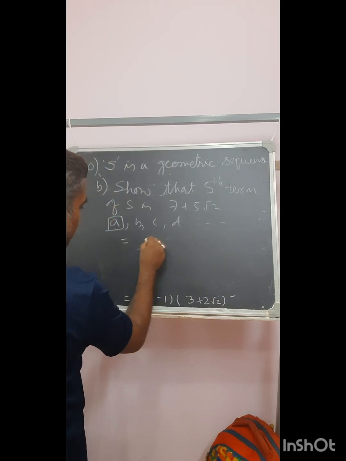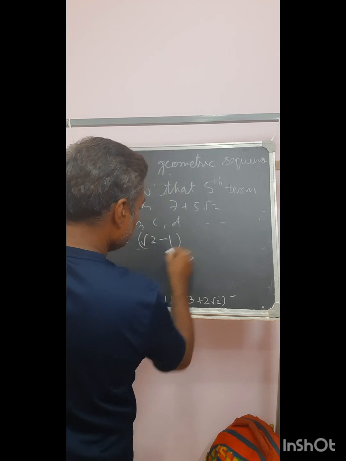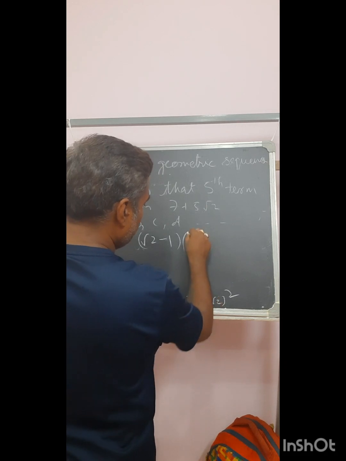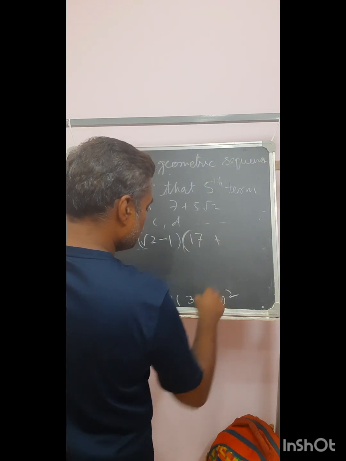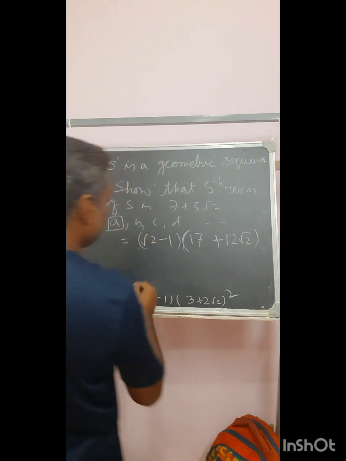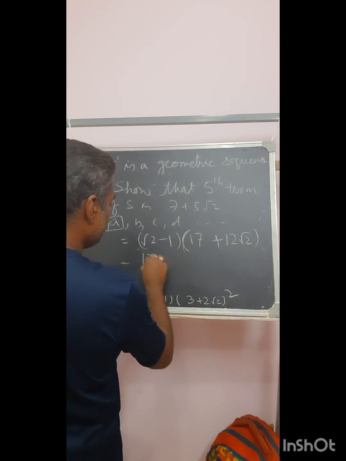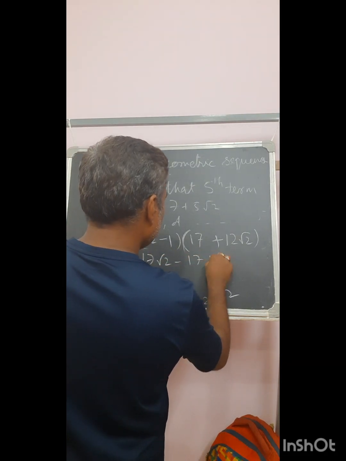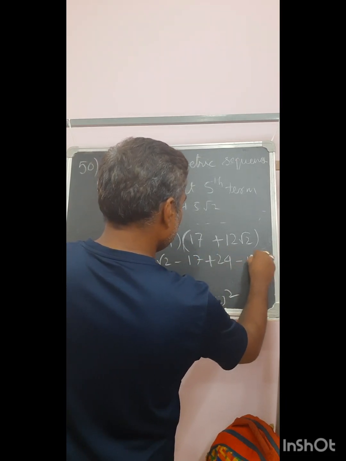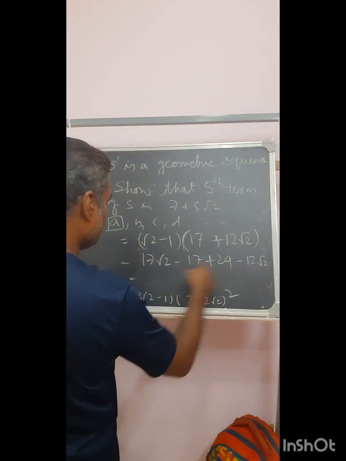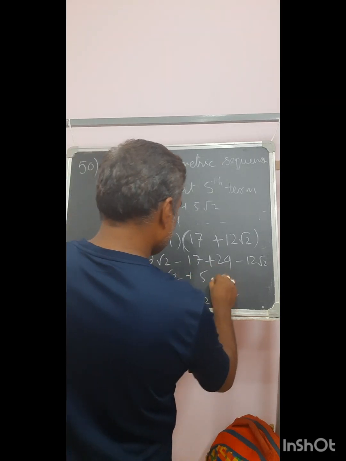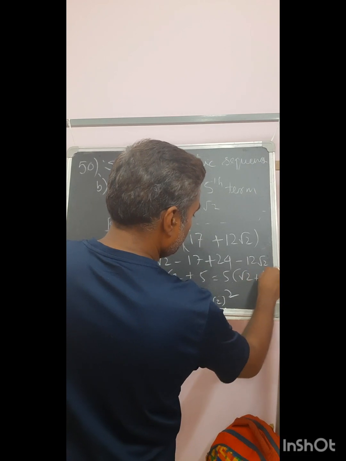So it will be root 2 minus 1 times the square of that: 3 square is 9, and 2 root 2 square is 8, 9 and 8 is 17, plus 2 into 3 into 2 root 2 is 12 root 2. So this way you can solve it. Now you calculate this: 17 root 2 minus 17 plus 12 into 2 means 24, and further minus 12 root 2. So 17 root 2 minus 12 root 2 is 5 root 2, and 24 minus 17 is 7, that means equal to 5. So your ultimate answer is 5 into root 2 plus 1.